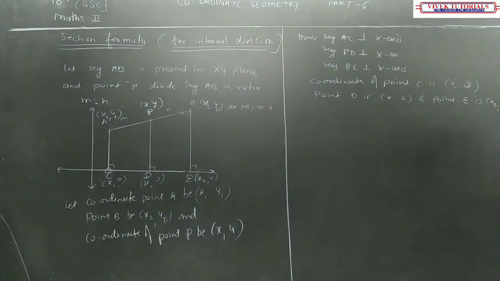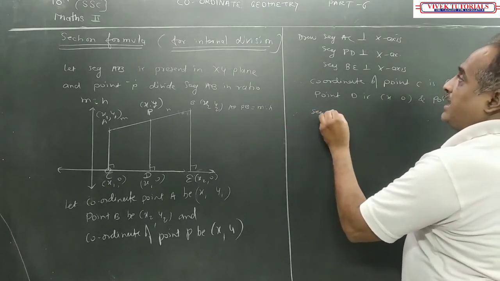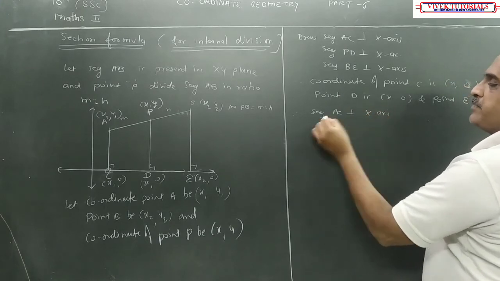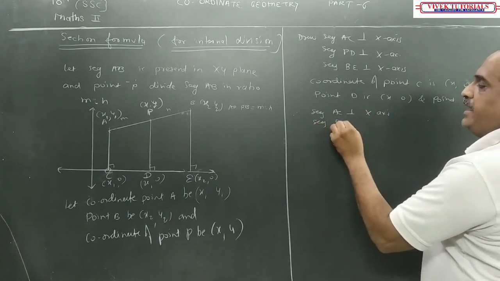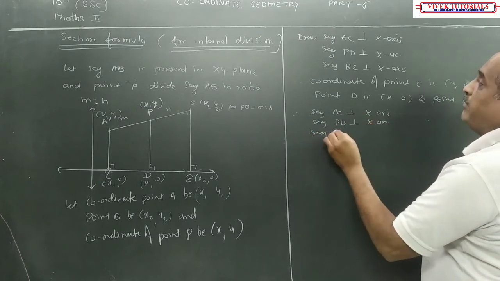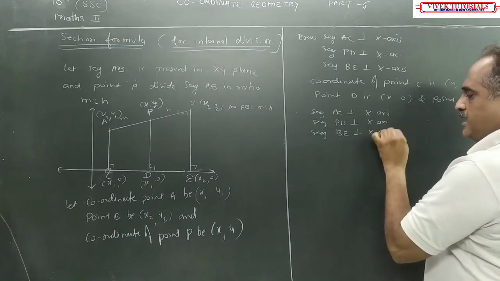Now, as segment AC is perpendicular to the x-axis, segment PD is also perpendicular to the x-axis, and segment BE is also perpendicular to the x-axis.